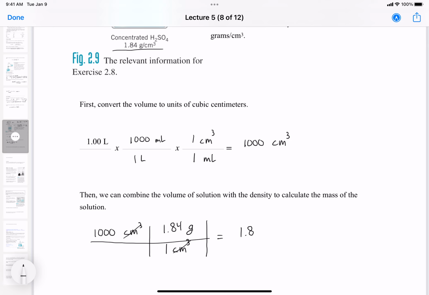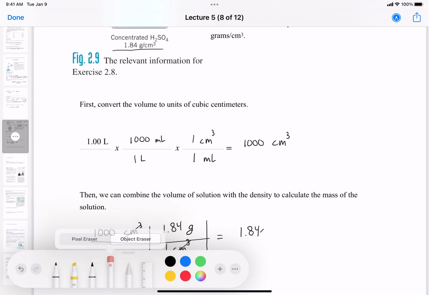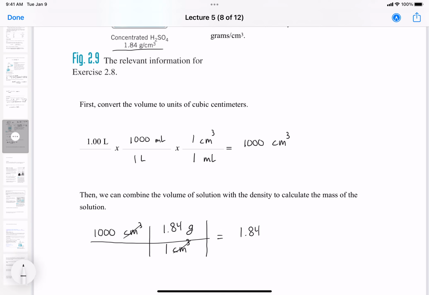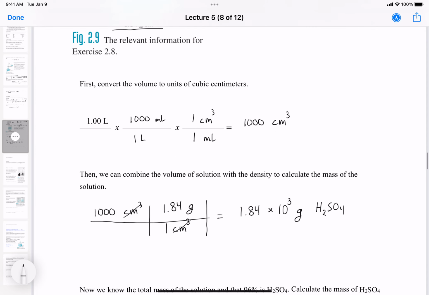Okay, and then we get 1.84 times 10 to the third grams. So that's a lot in 1 liter. So that's going to be a very strong acid solution here.